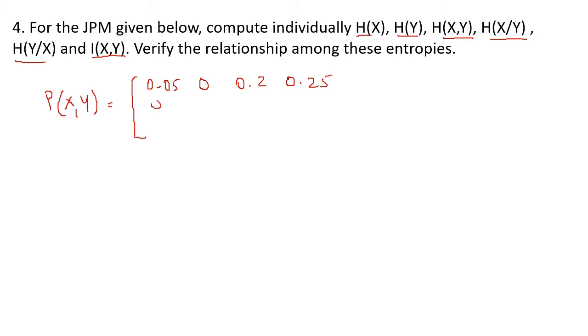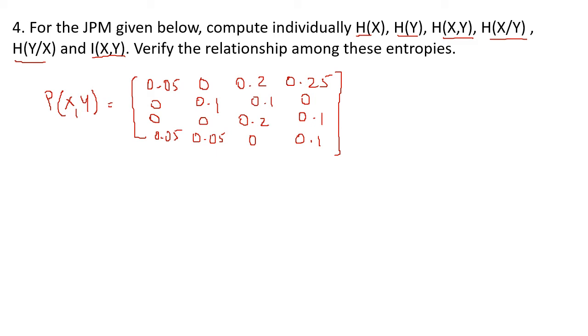The next row is 0, 0.1, 0.1, 0. Third row is 0, 0, 0.2, 0.1, and the last row is 0.05, 0.05, 0 and 0.1. So we are asked to find all five entropies along with mutual information.